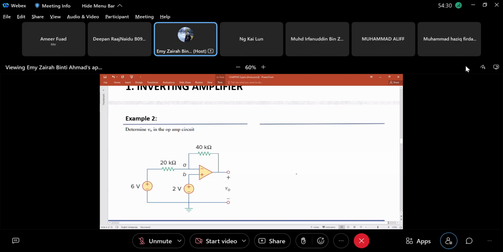The second thing, you assume VA equals VB. Voltage at node A equals voltage at node B. In this case, voltage at node B is 2 volt, no longer 0 as in the previous example. So your answer is negative 12, right?